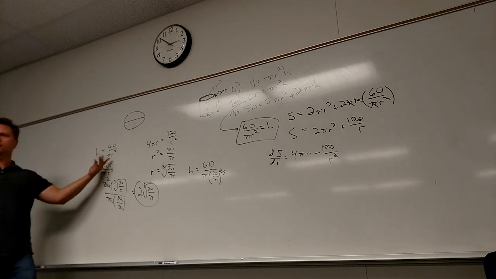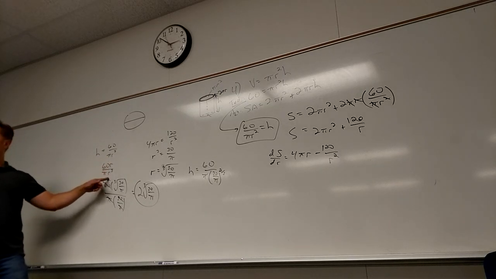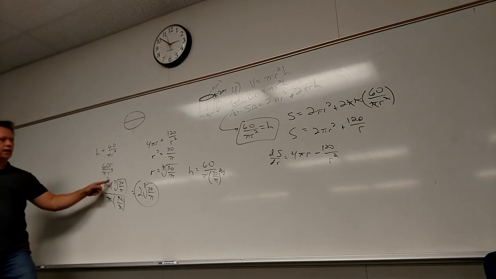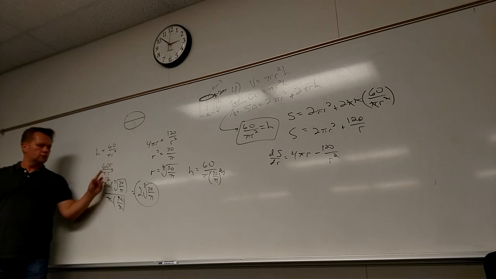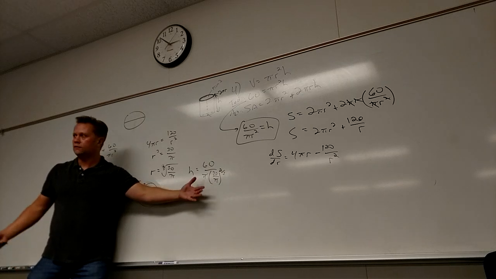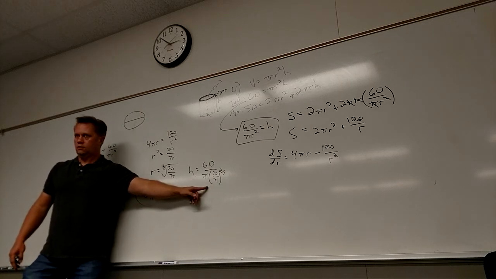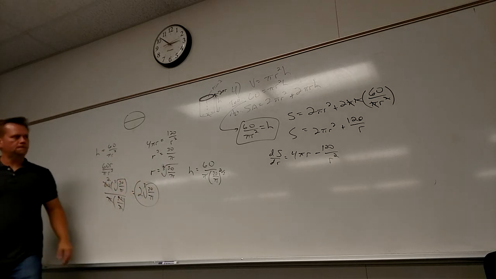I just showed you a little bit of flexibility that you didn't even know you had. I know r is not 0, so I'm allowed to multiply that. Why did I do that? Because I know what r cubed is. But I don't know what r squared is. So let me introduce r cubed. If you don't like this, just do it this way. That's fine. I'm just showing some of you guys a little bit more flexibility.